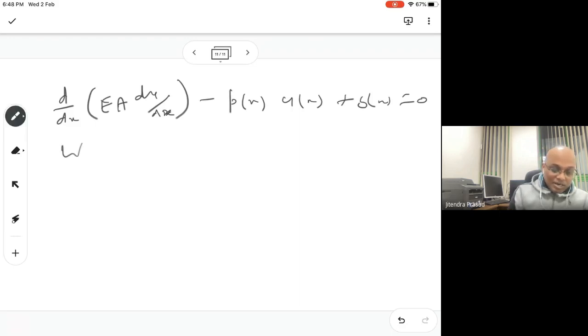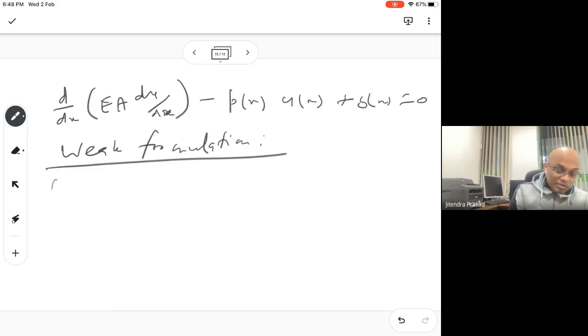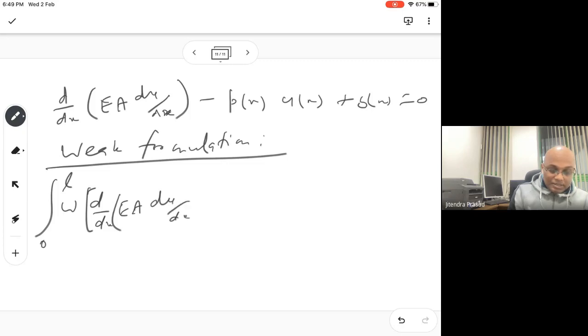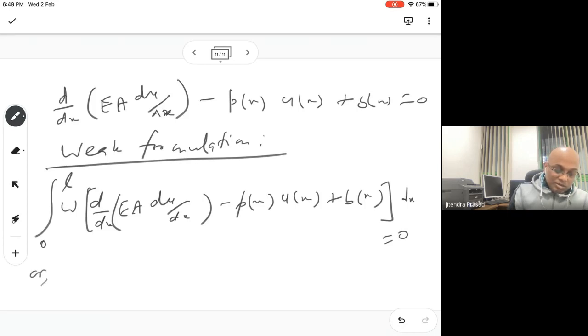So let's do it. For the weak formulation, we are going to multiply it by W and integrate from 0 to L. So integral from 0 to L of W times d over dx of EA du over dx minus p_x u_x plus b_x, dx, is equal to 0.